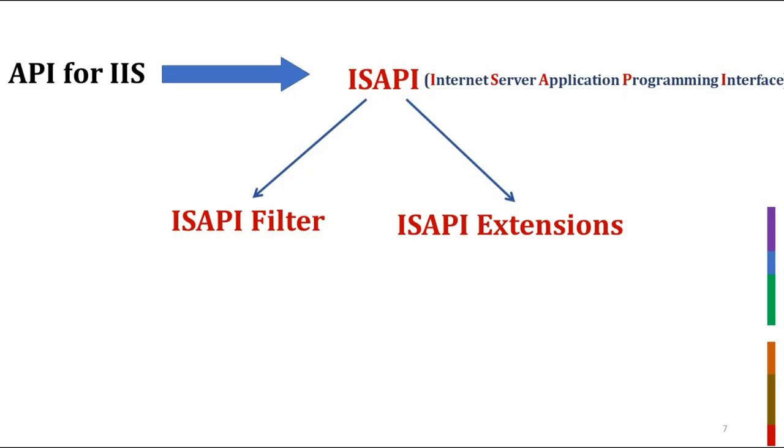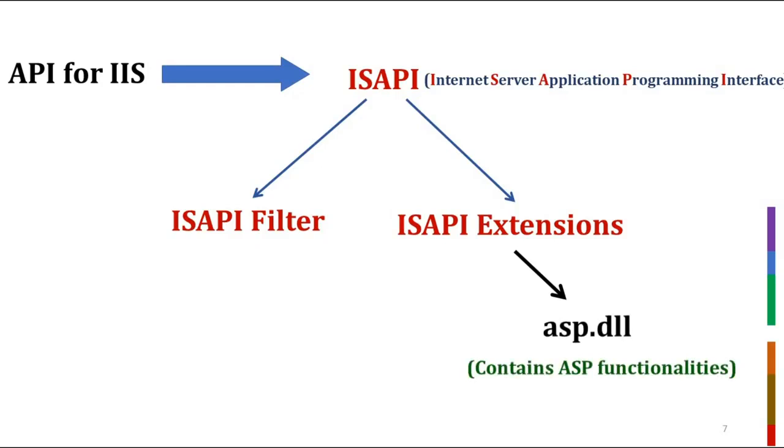These two applications are pre-compiled code and saved as DLL files after the installation on any machine. The DLL feature allows the same file to be accessed by multiple applications at the same time. ASP.dll is an ISAPI extension that contains all the functionalities for ASP, and this is what we need to install in order to develop an ASP web application.